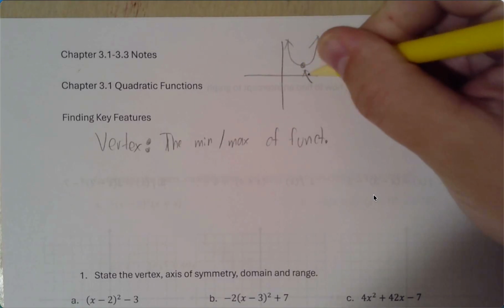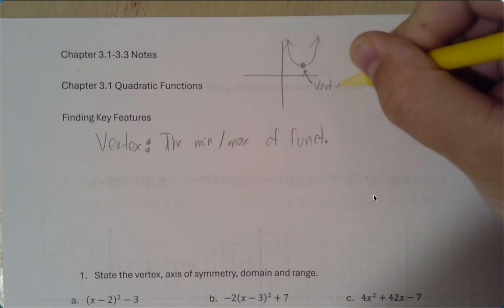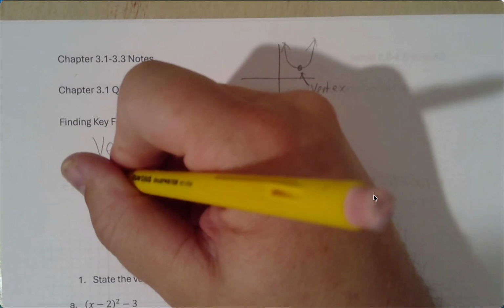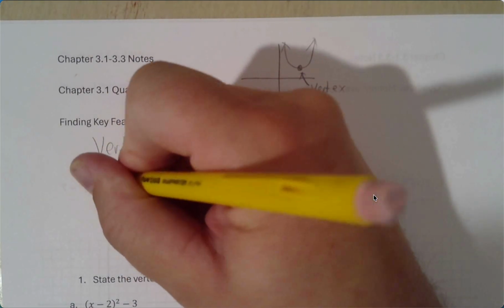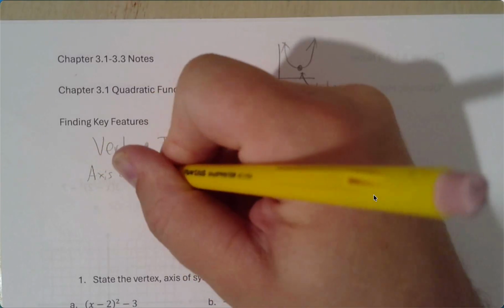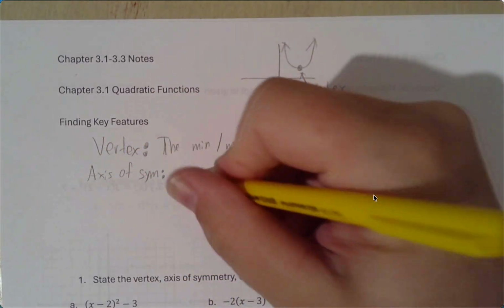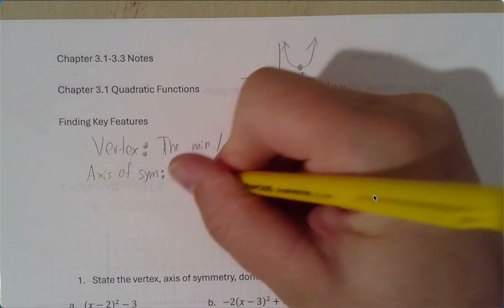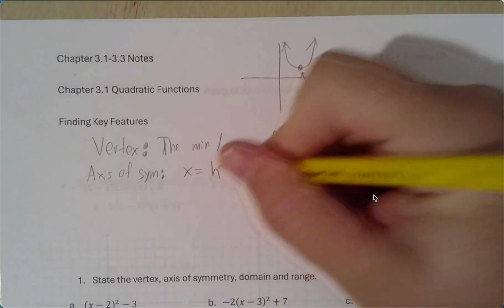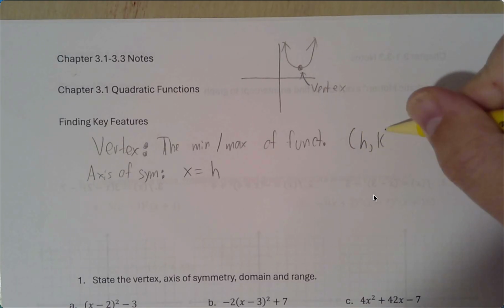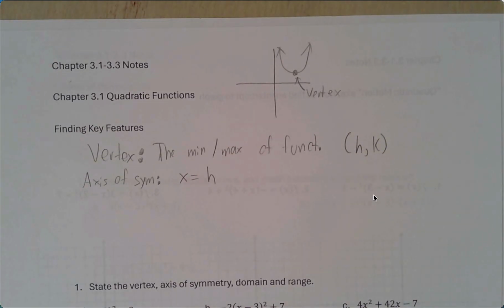So, right, that would be your vertex. From there, there's also what we call an axis of symmetry. And that's simply going to be x equals h. And also for this vertex, we're going to refer to it as (h, k).